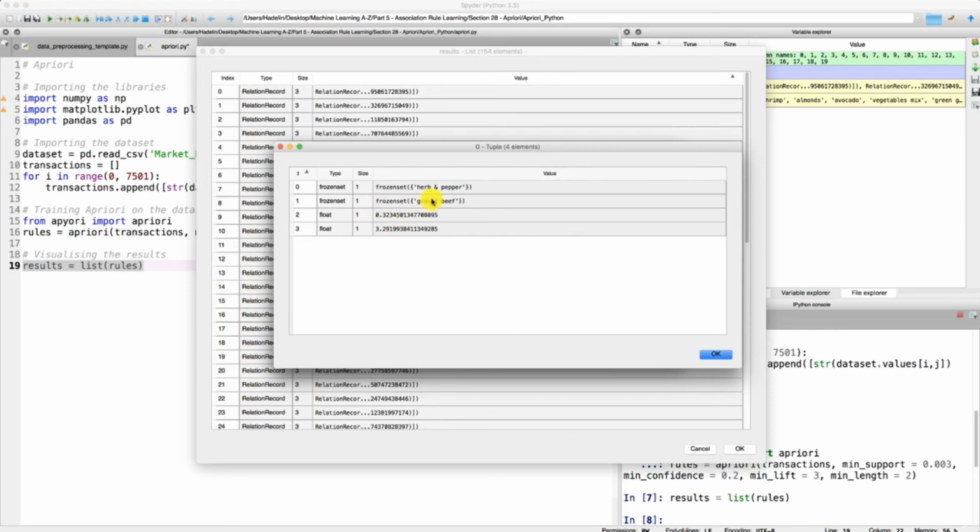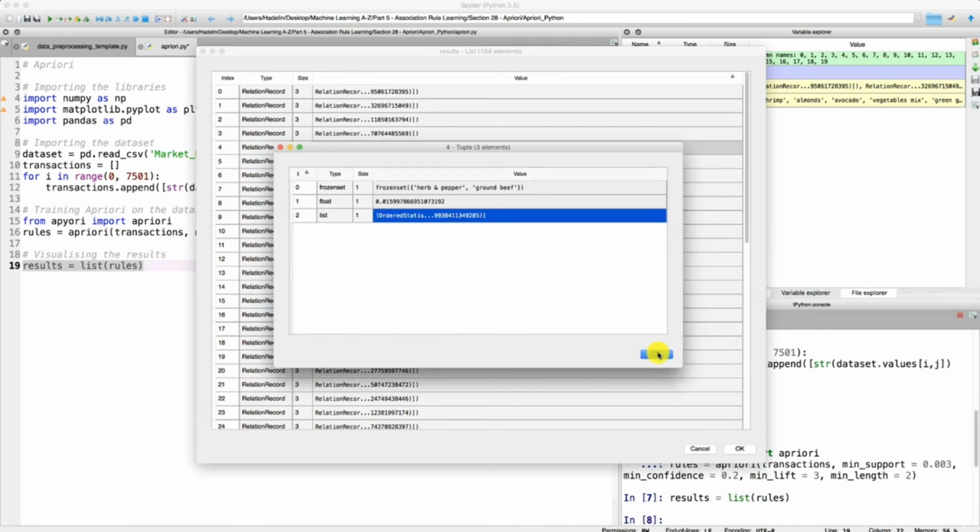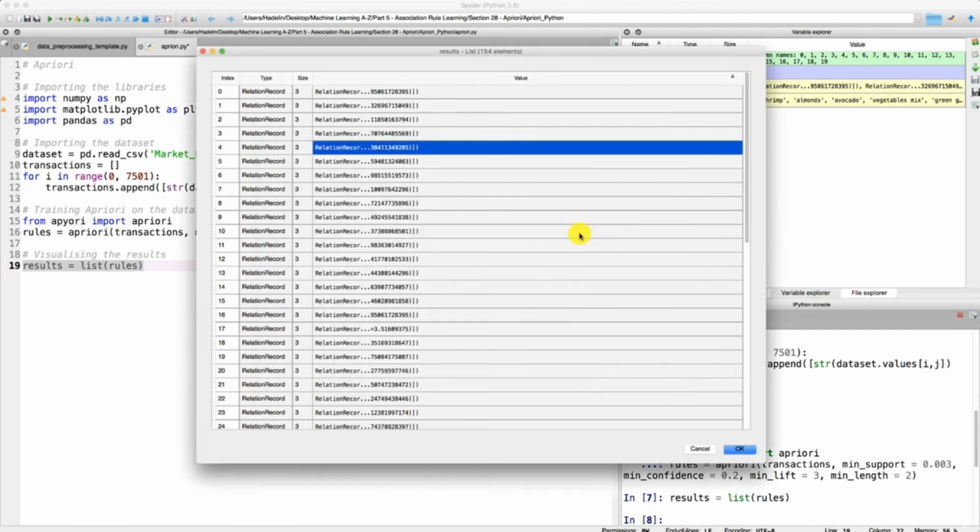It's probably due to the fact that ground beef is one of the most purchased products, and maybe herb and pepper is a very often purchased product as well, and that's why it lost some relevance. But the association rule overall makes a lot of sense, because indeed herb and pepper associates very well with ground beef. Okay, so we had a look at the top 5 most relevant rules.